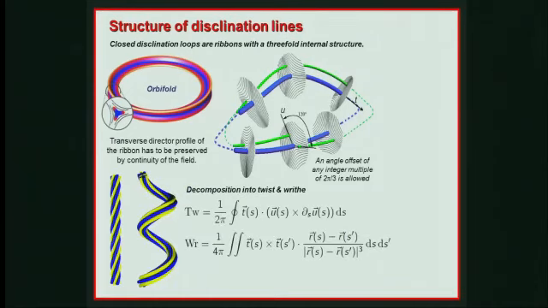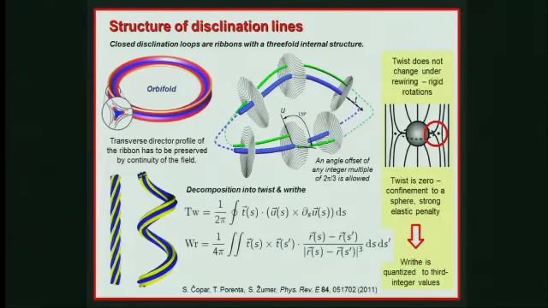And further, you can decompose such ribbons into two geometric parameters, into twist and writhe separately. But there is another constraint in nematic colloids: because the defect lines are confined to the sphere very tightly, the twist is not preferred in this system.